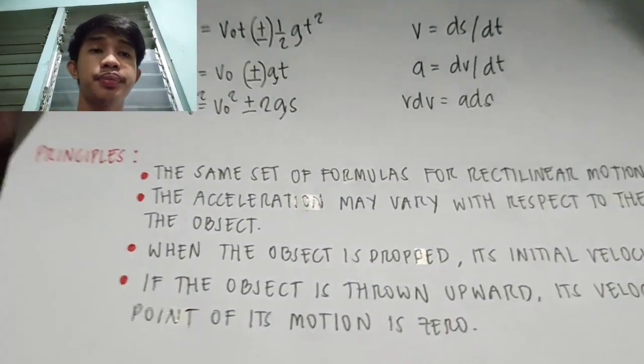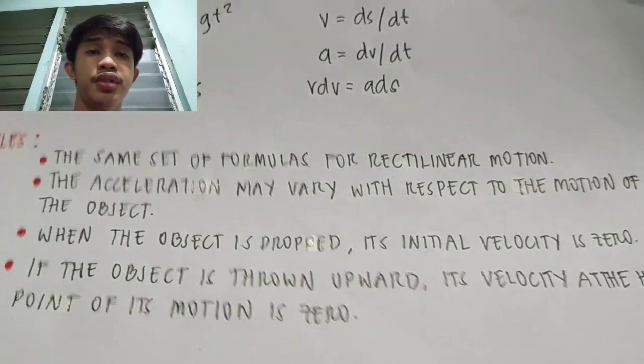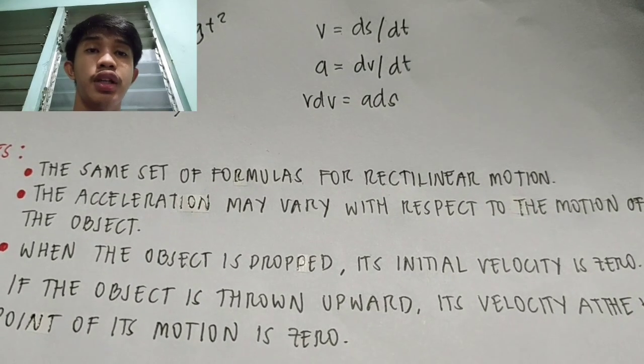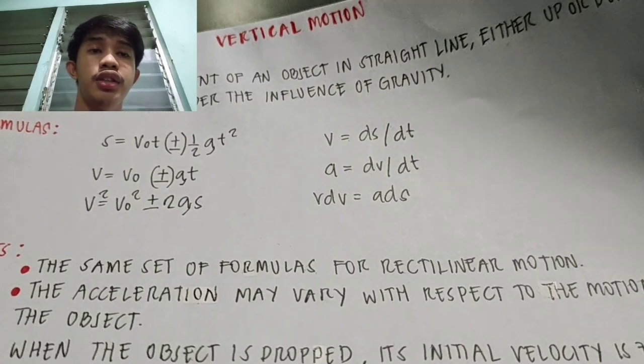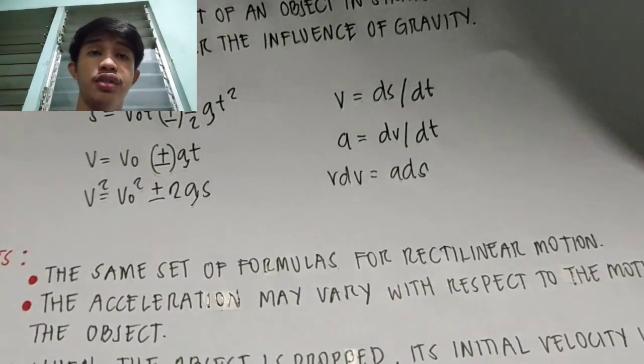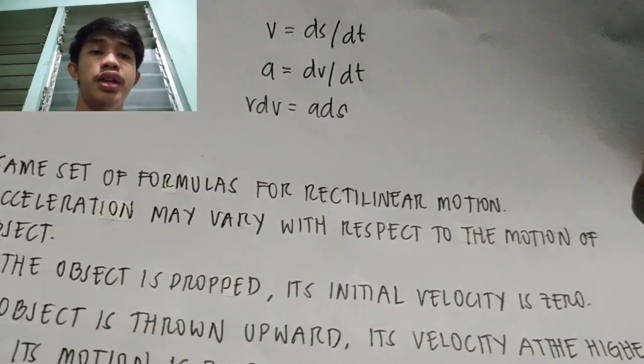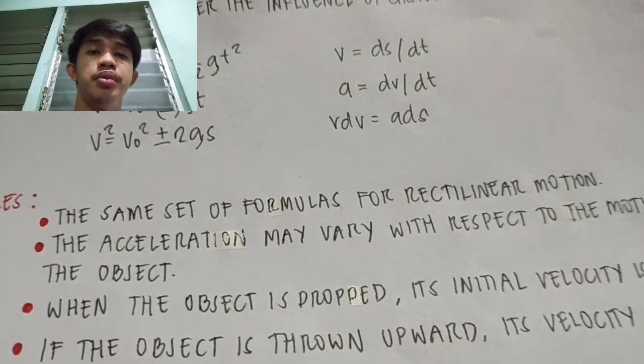Okay. So, some principles of vertical motion. The same set of formulas for rectilinear motion applies. As we are seeing, we have the same formula, only the acceleration is changed. The acceleration may vary with respect to the motion of the object.